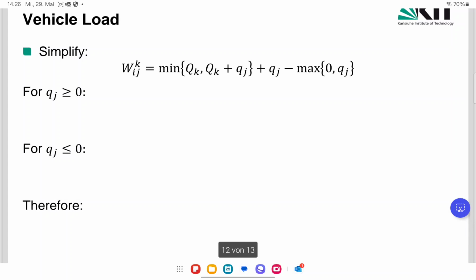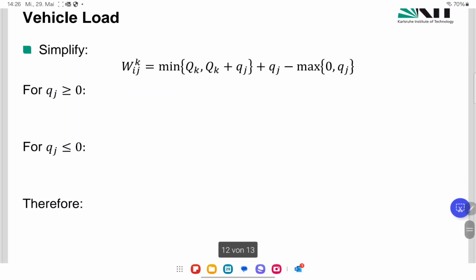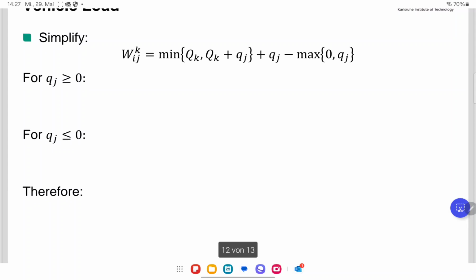So we ended up using this determination of W, but we can also simplify that further. So what is shown here is that if Q is positive, that means if this is a pick-up node, then we pick up patients.